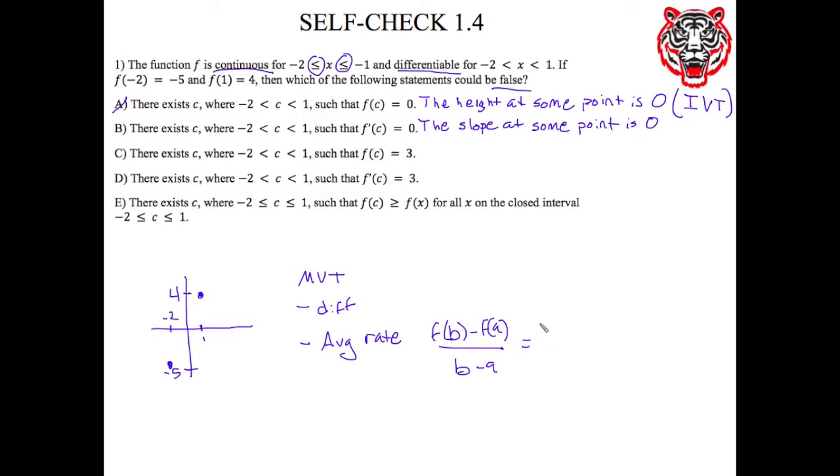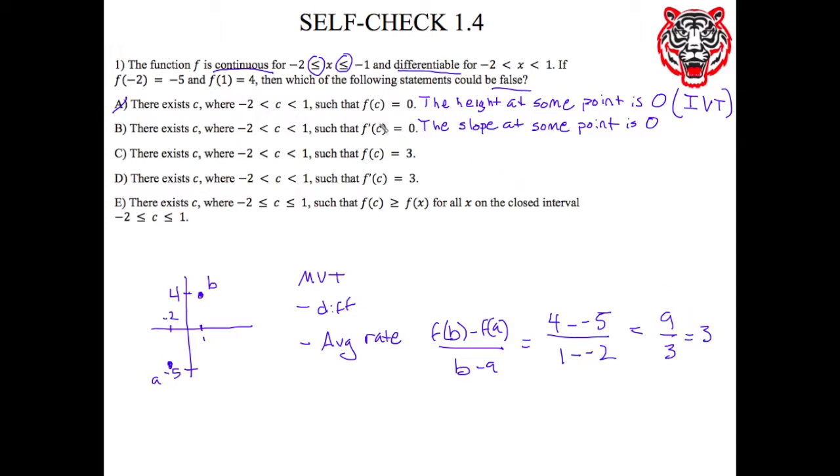I'll say this is my b and this is my a. So f of b is the height at b, 4, minus the height at a, all divided by b minus a, which is 1 minus -2. So this is 9 over 3, which equals 3. The average rate is 3.